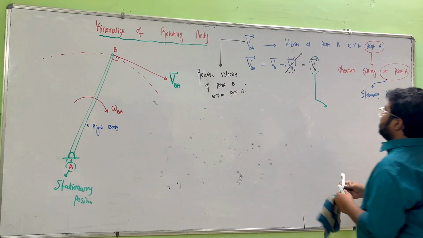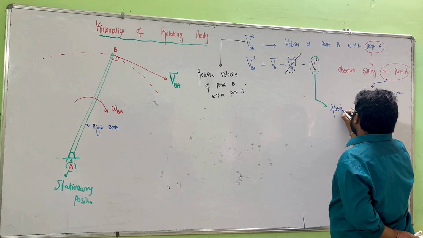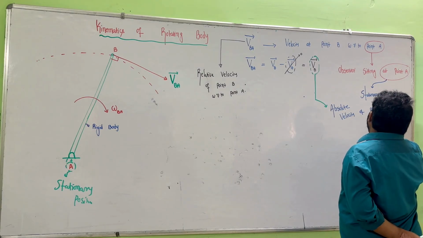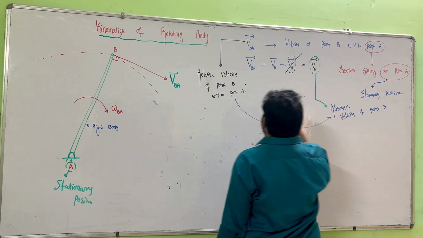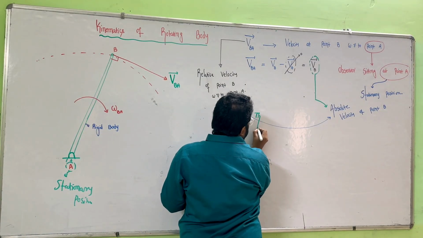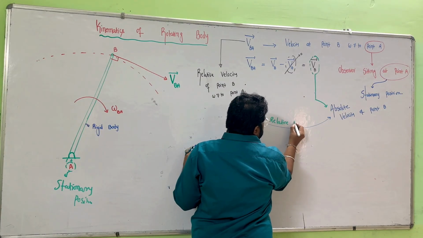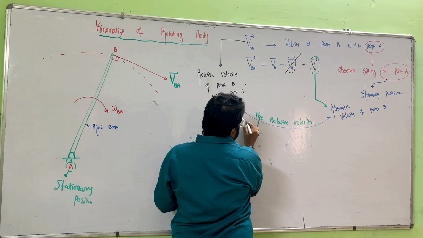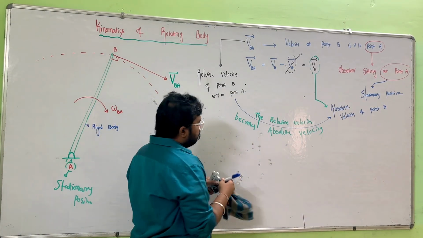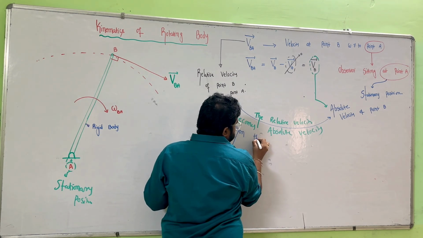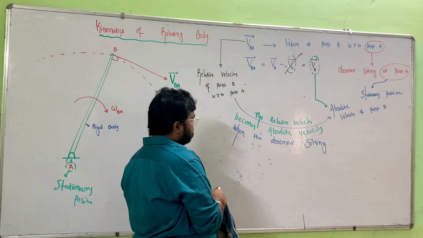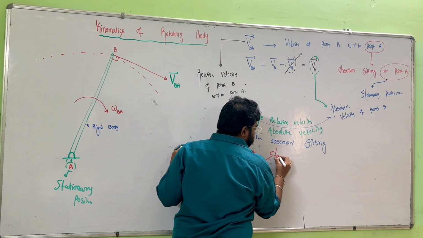The absolute velocity of point B. The relative velocity becomes the absolute velocity when the observer is sitting at a stationary position.